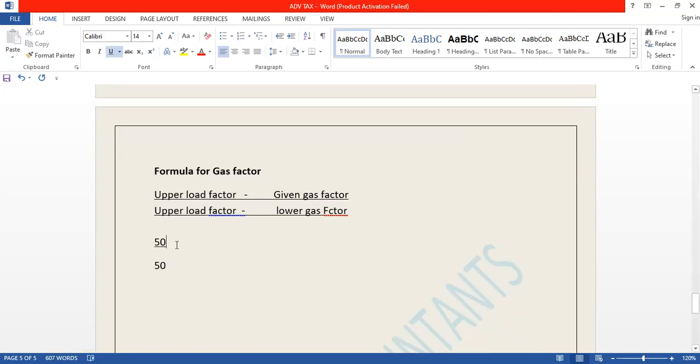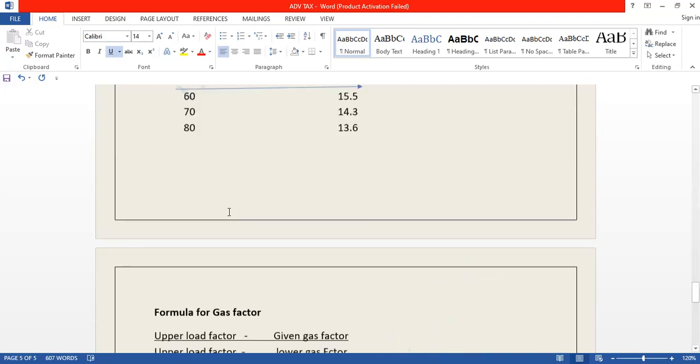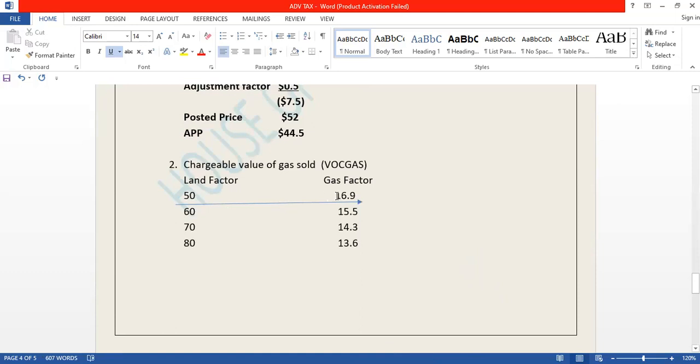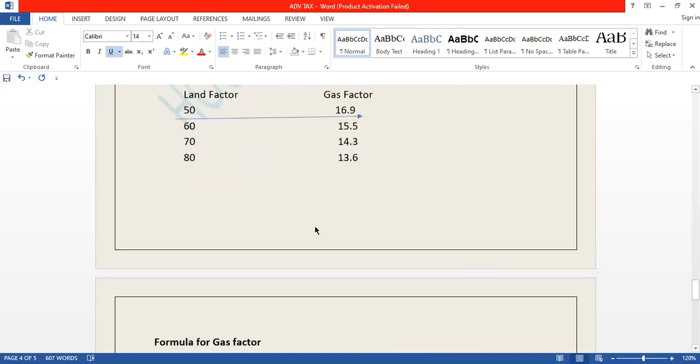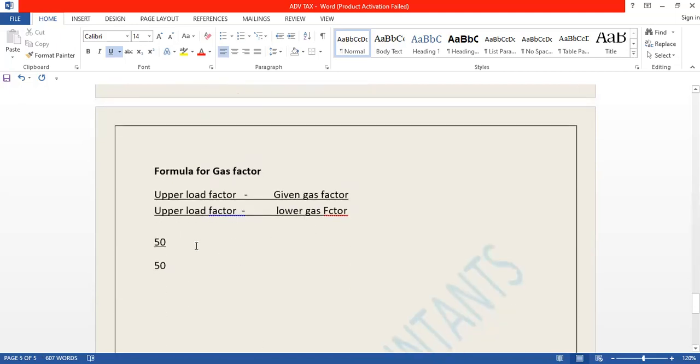Okay, so what is our given gas factor? We are having something which is not known to us, but we are having the upper gas factor.